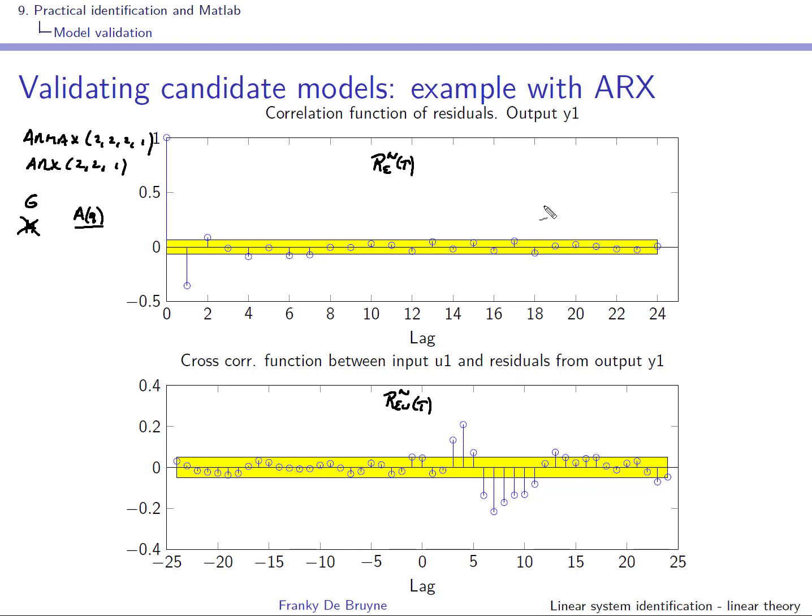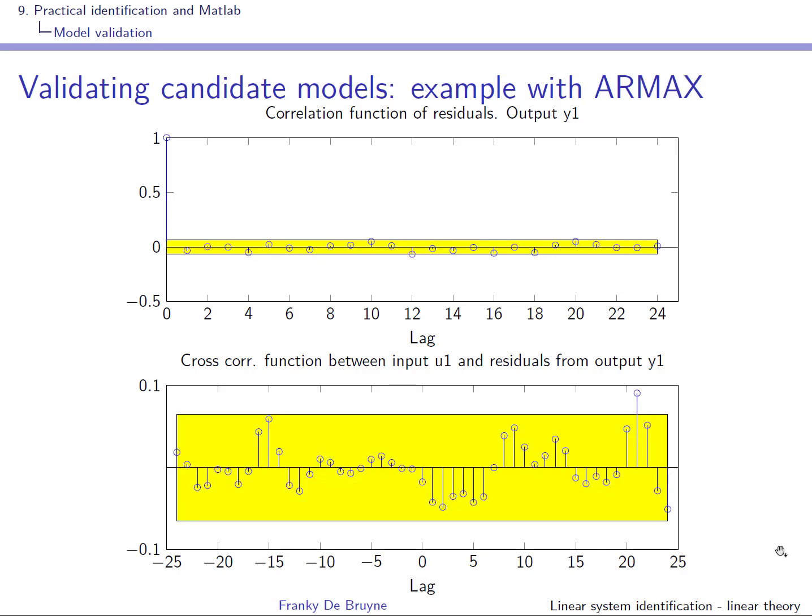Okay, this one is used to validate H, and this one is used to validate G, and this is exactly what you're seeing. What I had announced is that both H and G cannot be validated using correlation analysis.